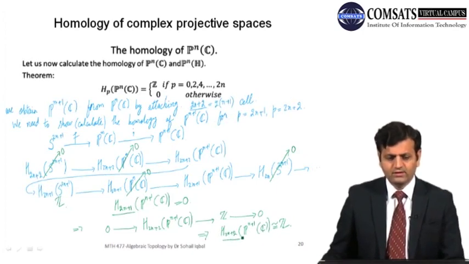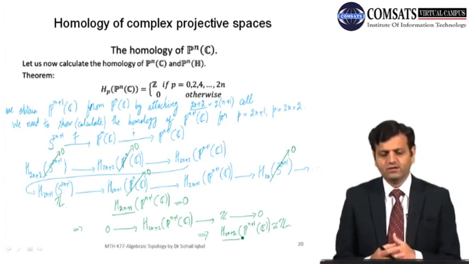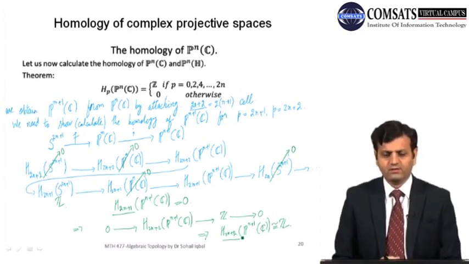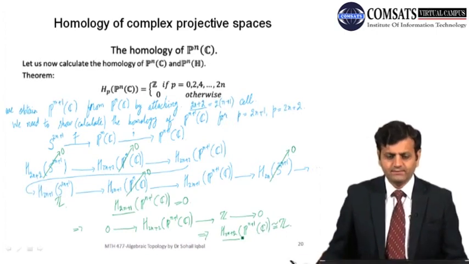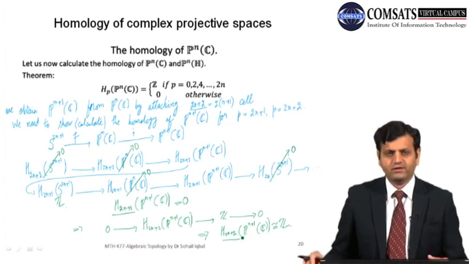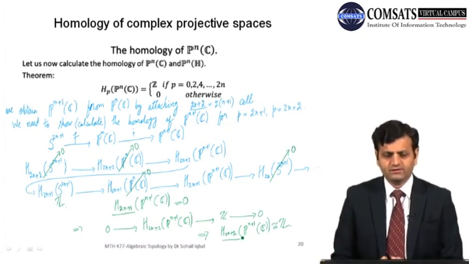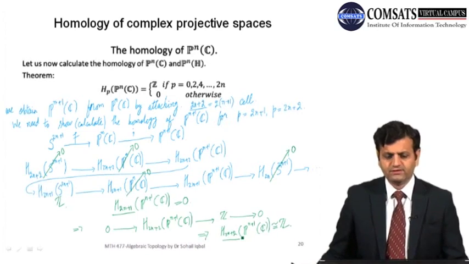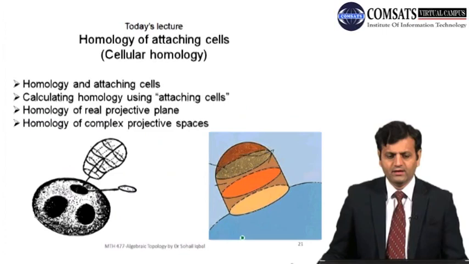So that's our homology of complex projective space. We used induction to calculate it. Similarly, exactly along the same lines, we can calculate the homology of quaternionic projective spaces. In that case you can guess what we are going to attach, so use our previous lecture's discussion about the quaternionic projective spaces.